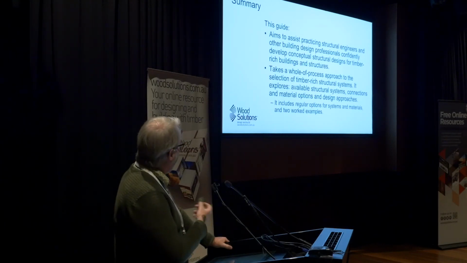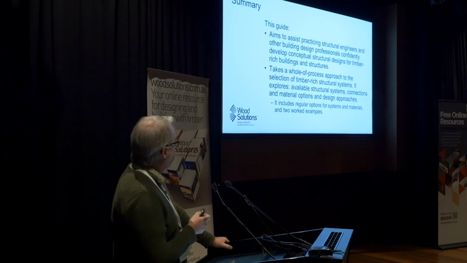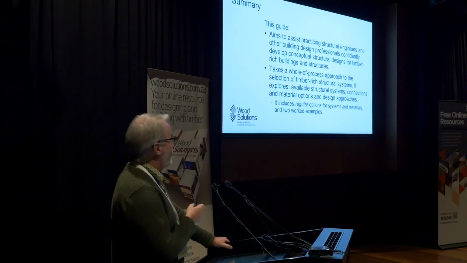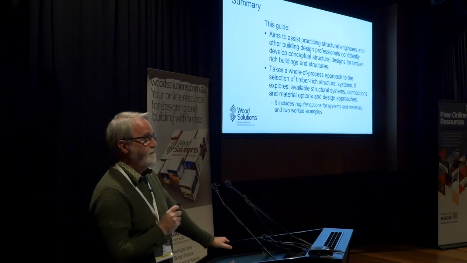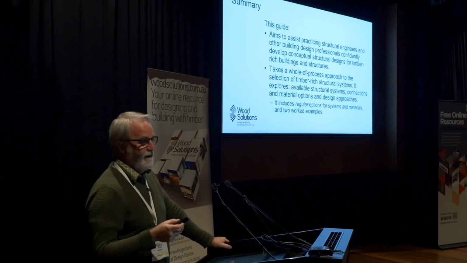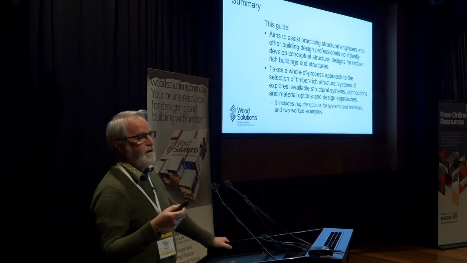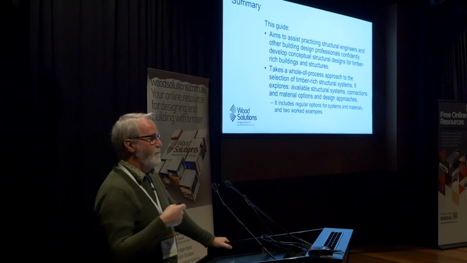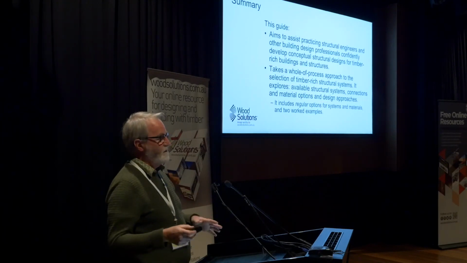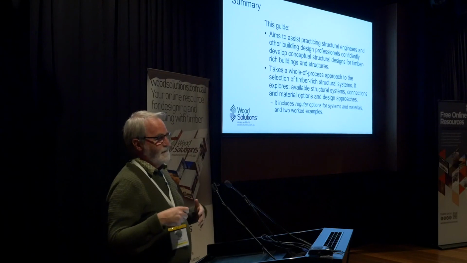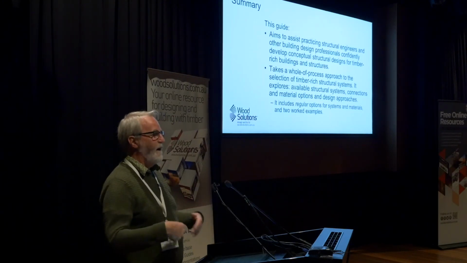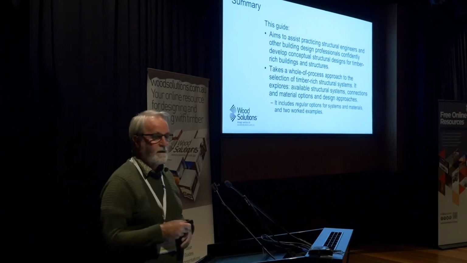And then to provide a whole of process approach to the selection of the structural systems, particularly for regular options. So obviously we won't have the details of the swatch building in there, or the componentry that you might use in such a structure, but you should be able to get details for a number of regular timber-rich options up to about 6 to 8 storeys out of some of the guidance that the guide provides.